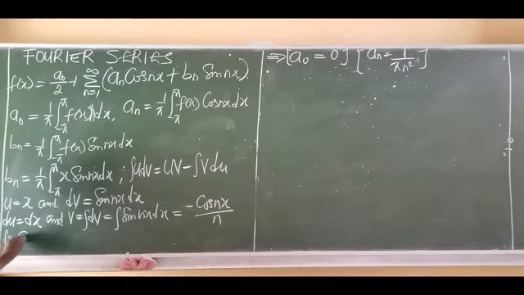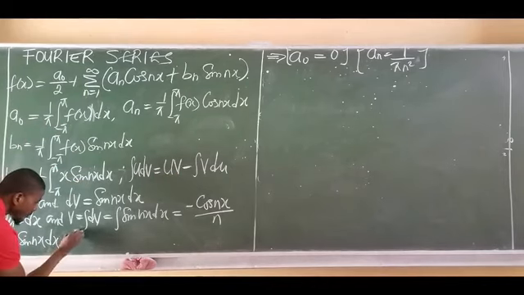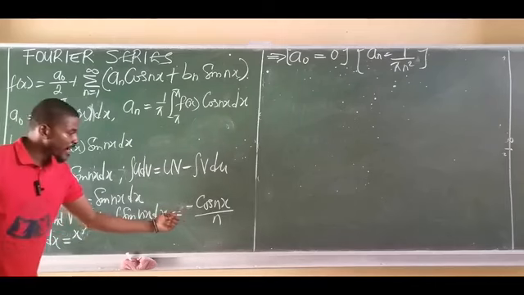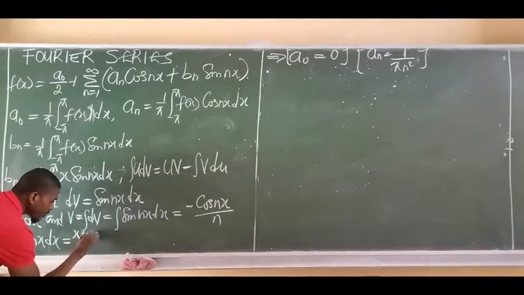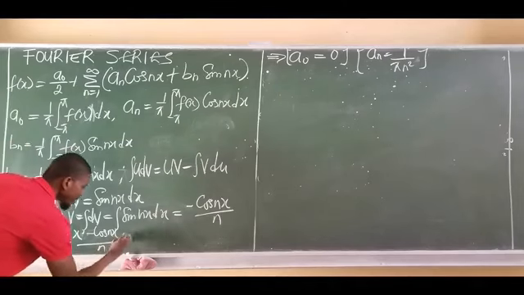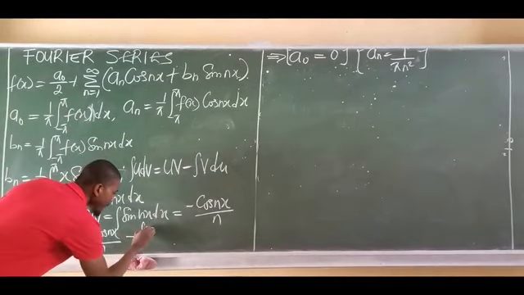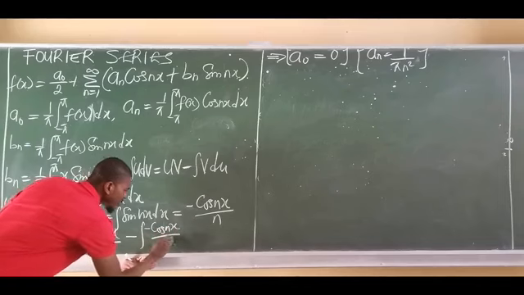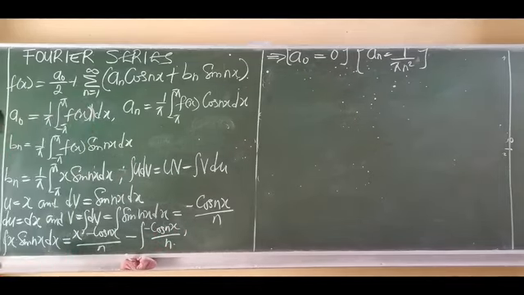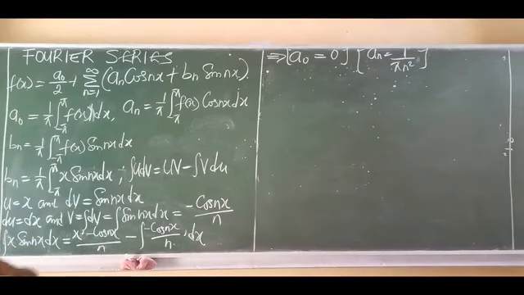So integral of x sine nx dx is equal to u times v, where u is x and v is minus cos nx over n, minus integral of v du. Again v is minus cos nx all over n, times du, and du is dx.